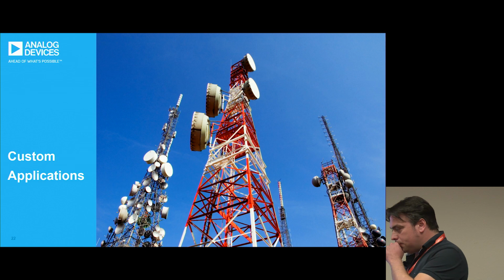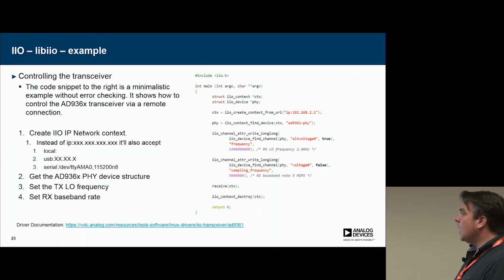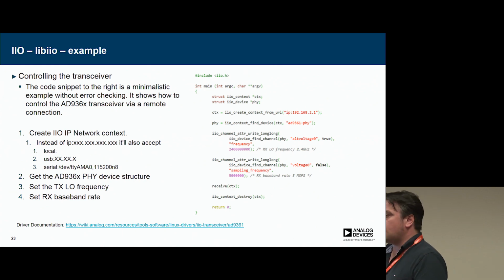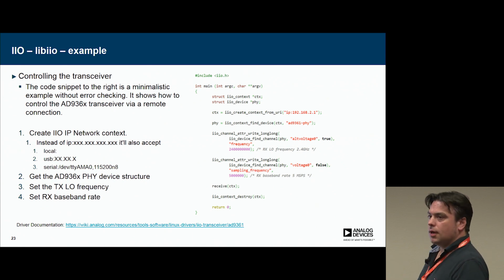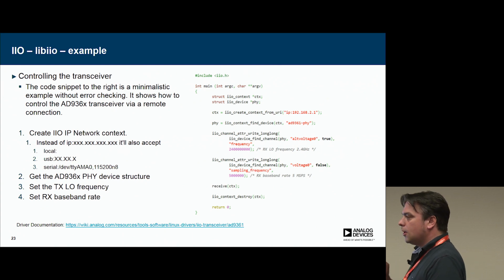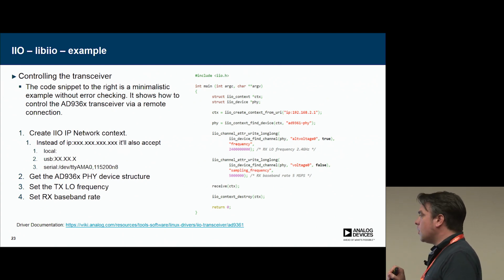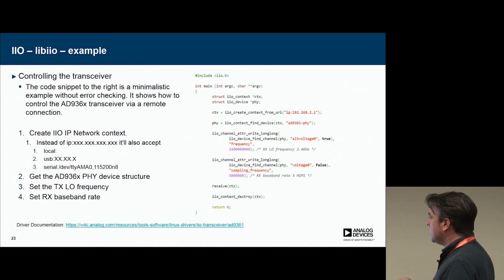So custom applications. This is a very simple libiio example that shows how to control an AD9361, the PHY, the transceiver on the Pluto, or even on other devices that use IIO. So the first thing is you create a context.